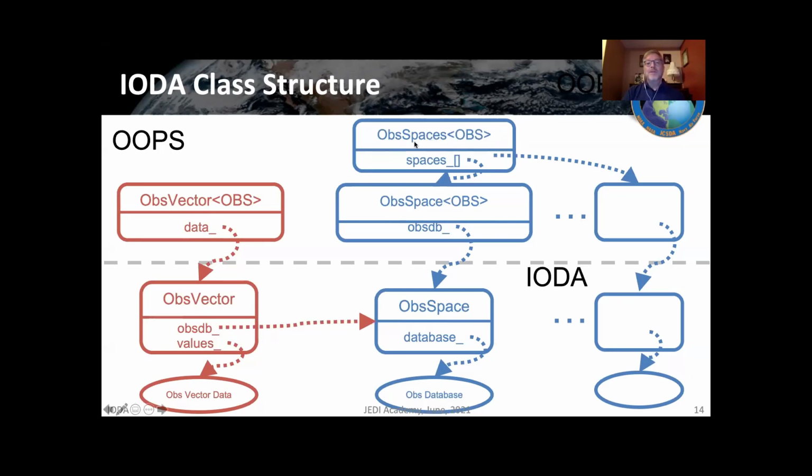And then you have this plural obs spaces interface class that has a list, in the spaces data member, of singular obs space interface classes. The first obs space might be radiosonde, and the next one might be aircraft, and the next one might be AMSU-A, but it separates the obs spaces by the obs type. And then you have an obs space that lives underneath in the IODA implementation, pointing to the actual data.